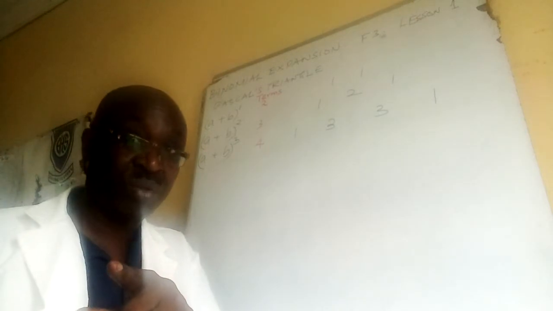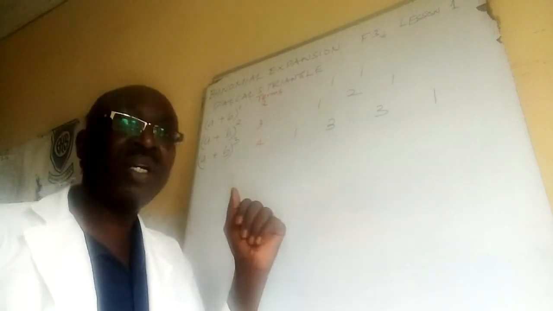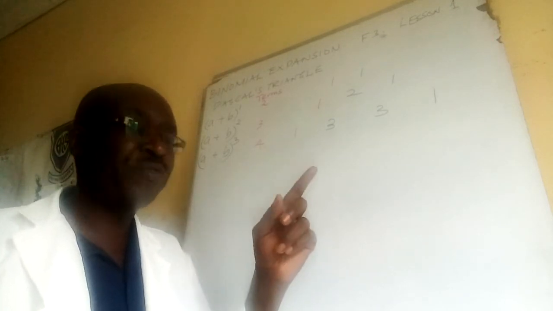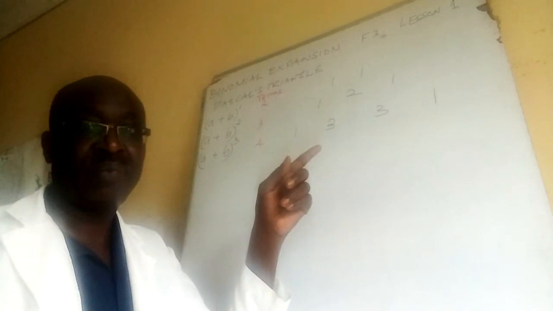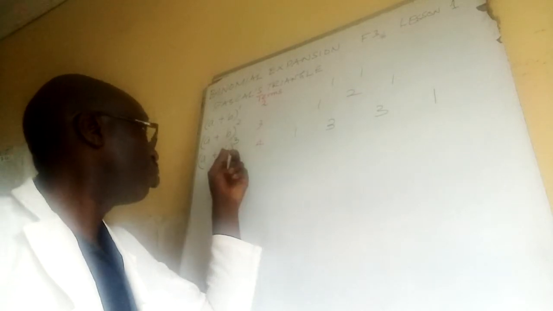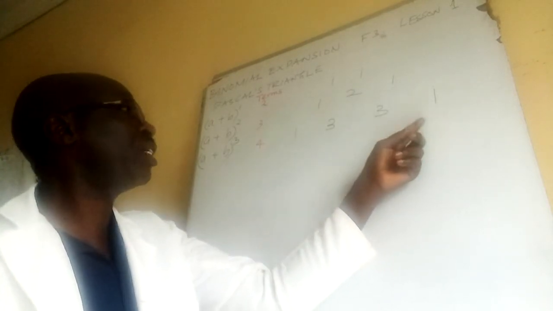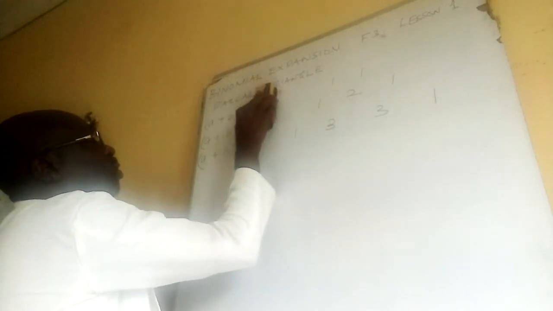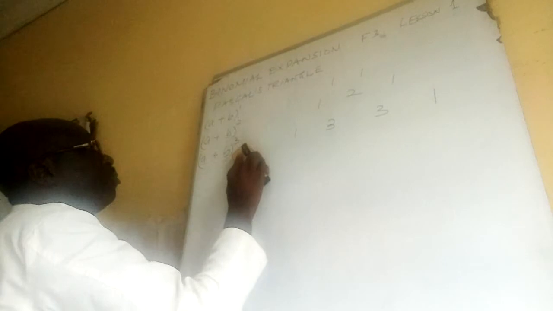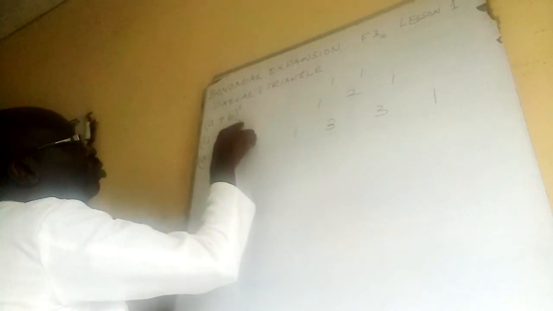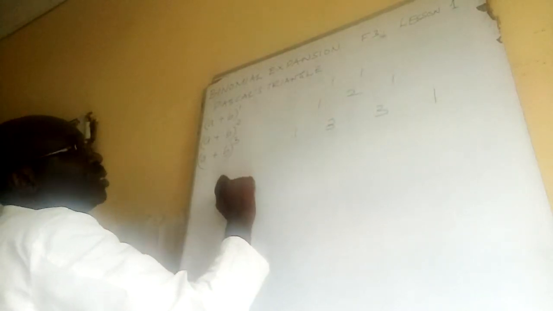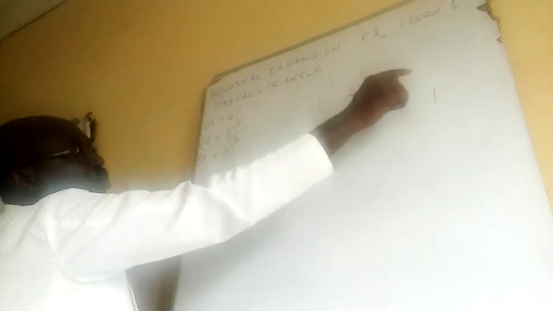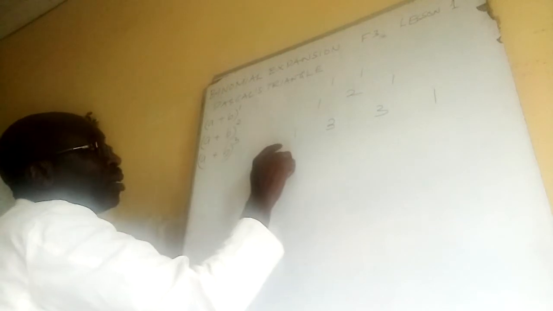That is the expansion. Then the second one, A plus B in a bracket squared. The coefficients are 1, 2, 1. Now that we have done up to power 3 and we got the expansion, I don't want this column now, but basically you should know it is 2 plus 1, they are 3. 1 plus 1, 2 terms. 2 plus 1, 3 terms. 3 plus 1, 4 terms.